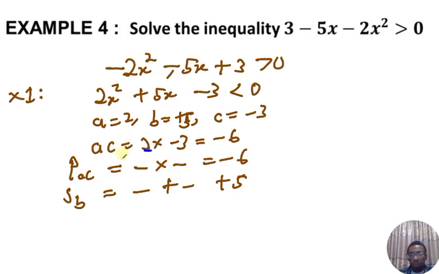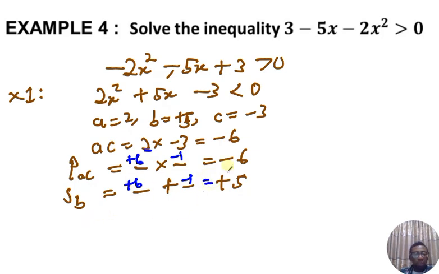Such numbers are what? Can anybody help us out with that? I think such numbers should be plus 6 and minus 1. Plus 6 and minus 1 multiply together to give us minus 6, and plus 6 minus 1 will give us plus 5 if I add them together.